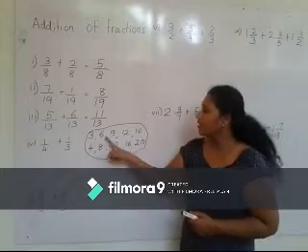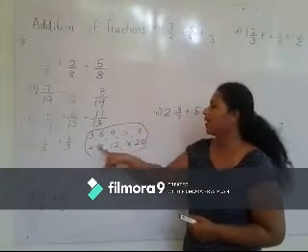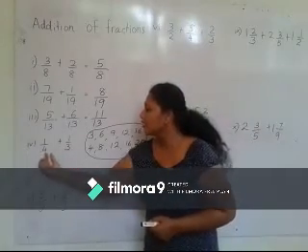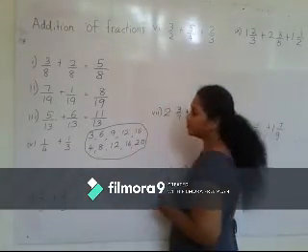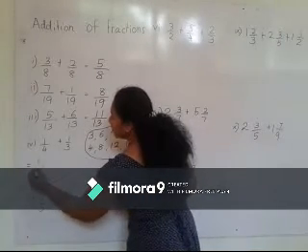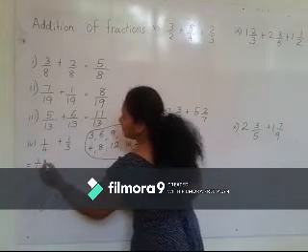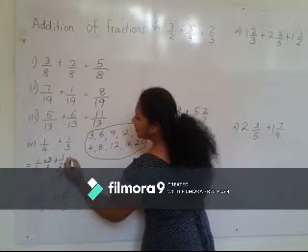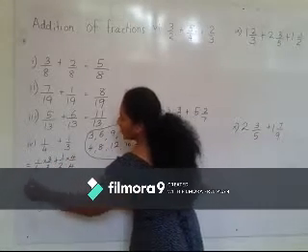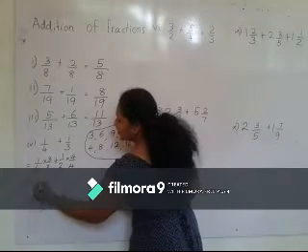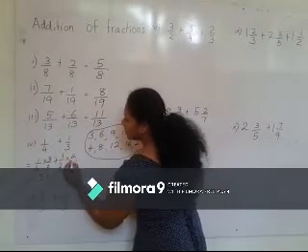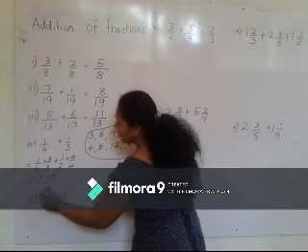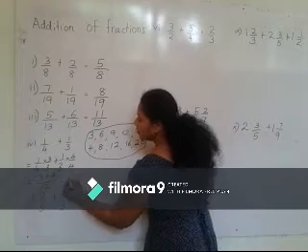So, we can make 3 as 12 and 4 as 12. That means, for 3 and 4, we can take the common number, it is 12. So, 1/4 multiplied by 3 added to 1/3 multiplied by 4. Then 1 times 3 is 3, added 1 times 4 is 4. Then our denominator, 4 times 3 is 12. So the answer is 7/12.